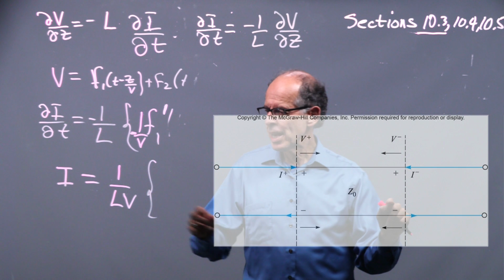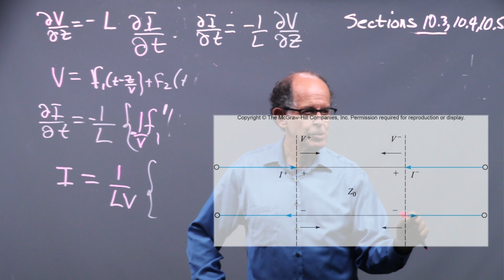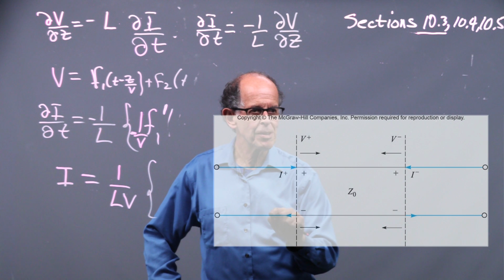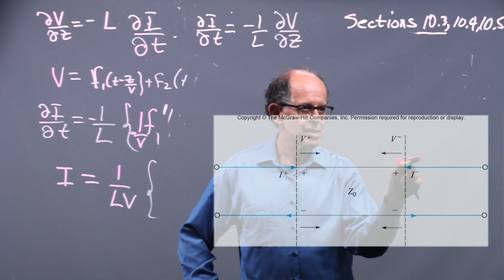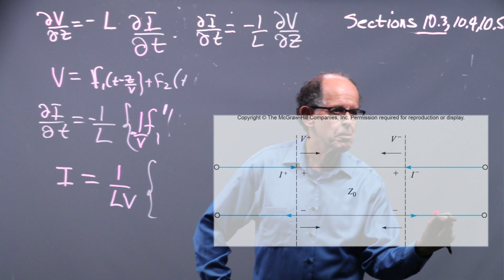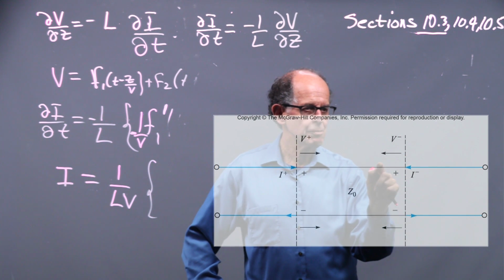I minus is polarity reversed, so that means its reflection starts here, and the return for I minus is given by this one here. So I plus, sorry, it should be the blue. Here's I minus going forward and coming back. This diagram is a little bit confusing.